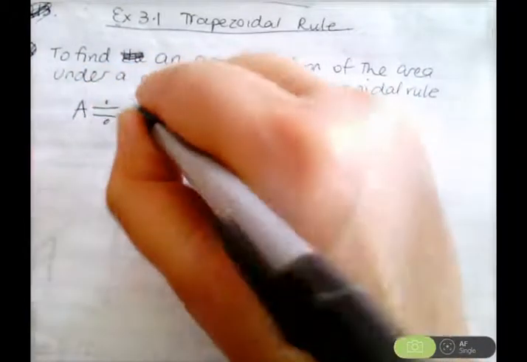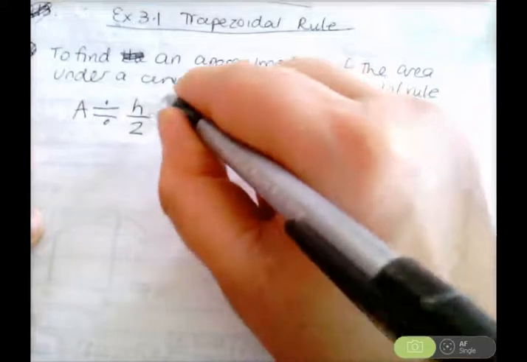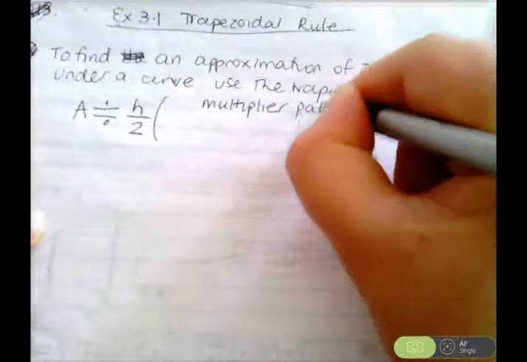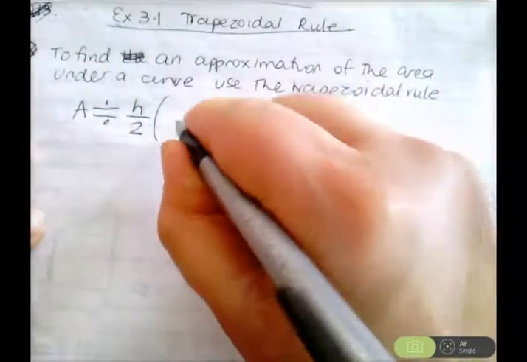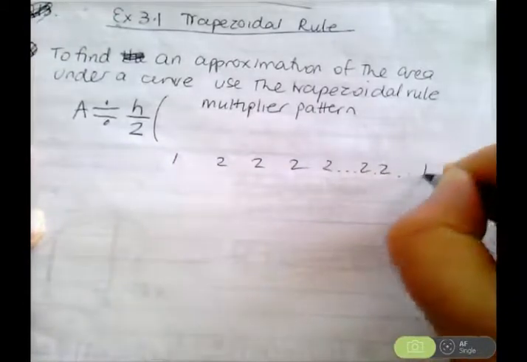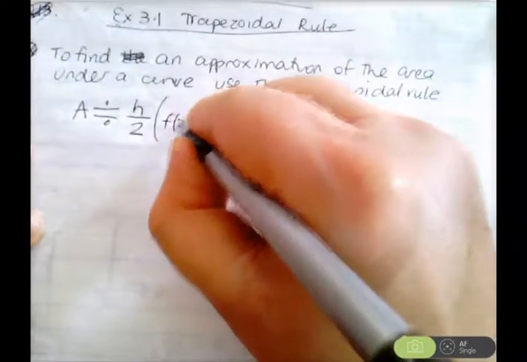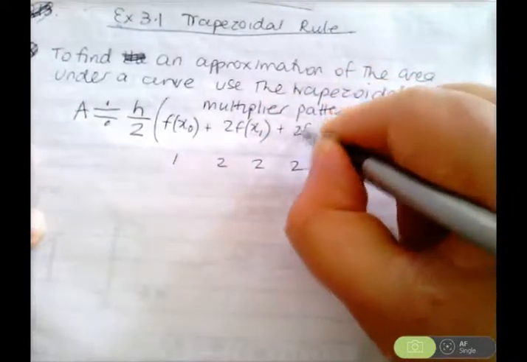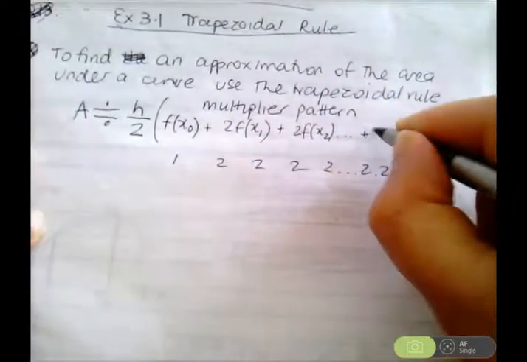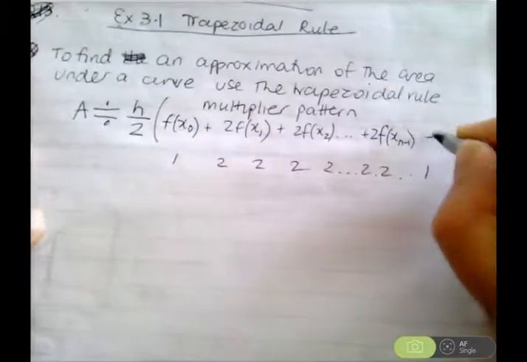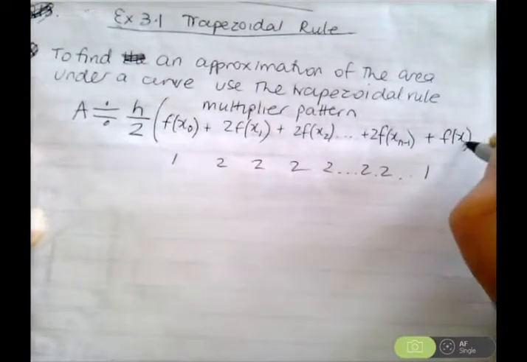Area is approximately equal to h on 2, and then we're going to use the multiplier pattern one, two, two, two, etc. 1, which is function of x0, plus 2 times function of x1, plus 2 times function of x2, etc., plus 2 times function of x to the n minus 1, plus function of x to the n.